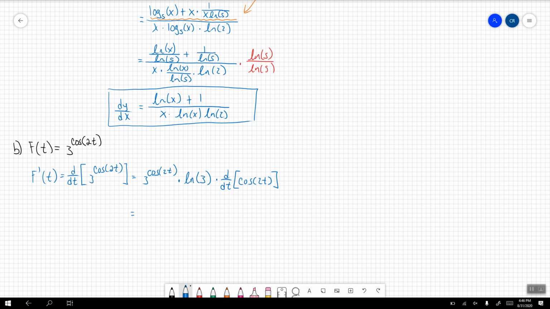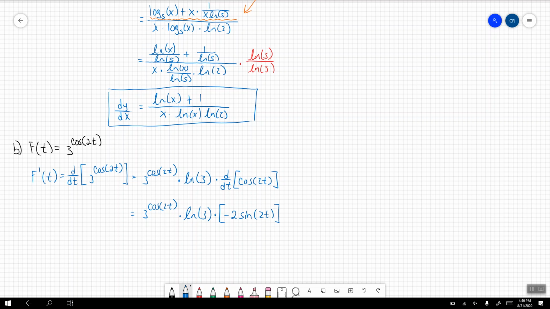Okay, so let's keep going. 3 to the power of cosine of 2t multiplied by natural log of 3 multiplied by the derivative of cosine 2t, well, the derivative of cosine of 2t is going to be negative 2 sine of 2t.